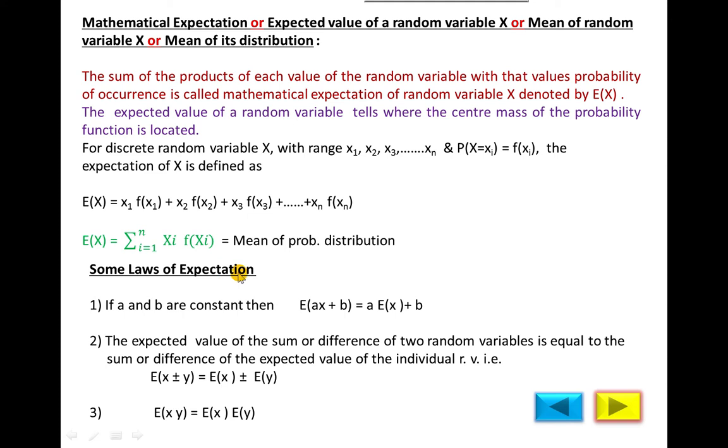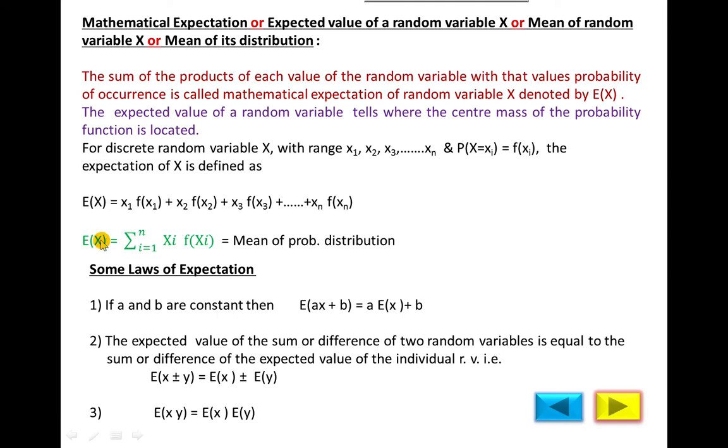Now some laws of expectation. If a and b are constants, then the expected value of constant a into x plus b is equal to a times Ex plus b, the mean value multiplied by the constant plus the constant. If this value Ex, the expected value of x, is here, then this will be x, the probability will be the same.